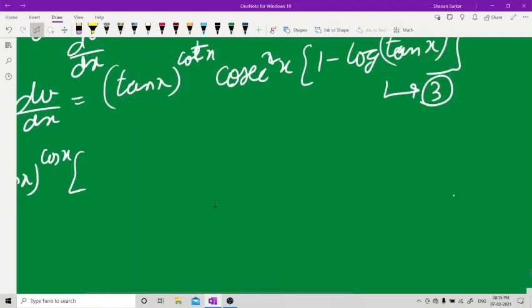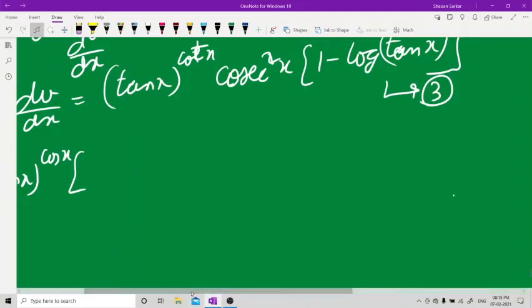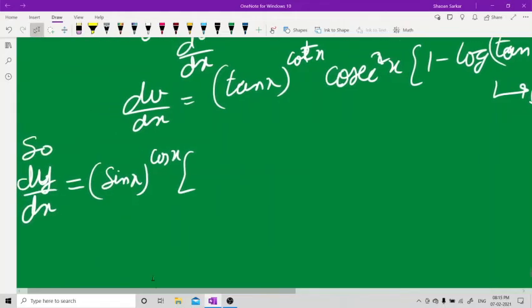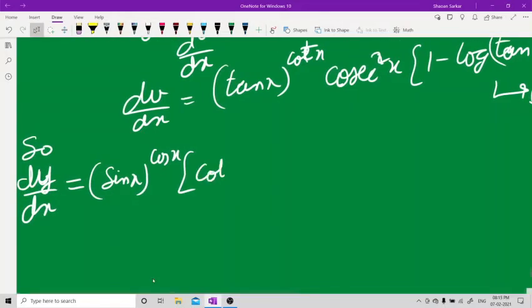Wait a minute. This is cot x. This was minus something, sin x log sin x. I am missing a word here.